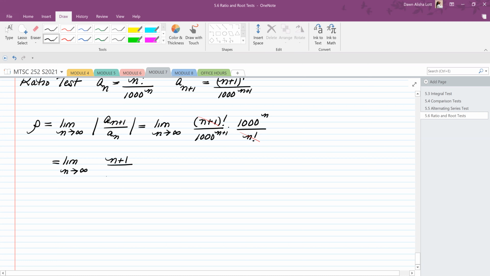And then I'm going to get 1,000 in the denominator, because 1,000 to the n is going to kill off that and leave this 1,000 to the first power. And so I can easily see this limit is infinity, which is much greater than 1. So the series diverges.